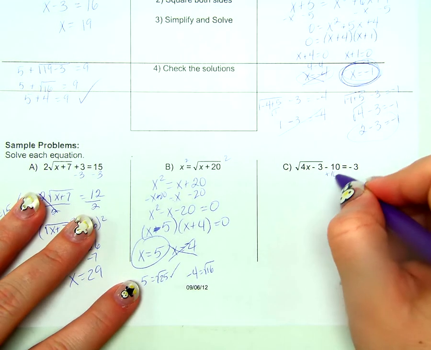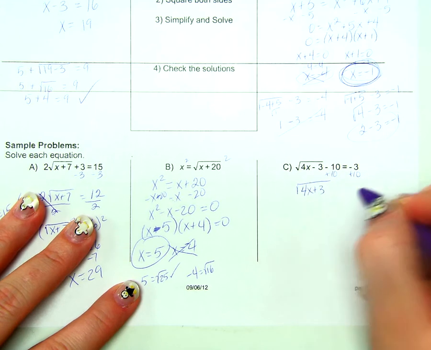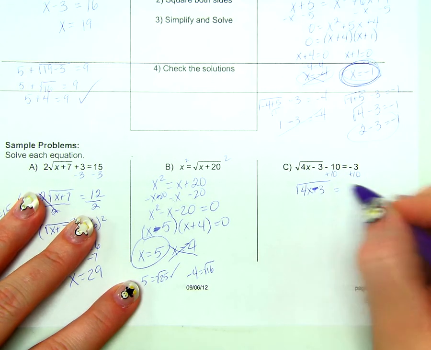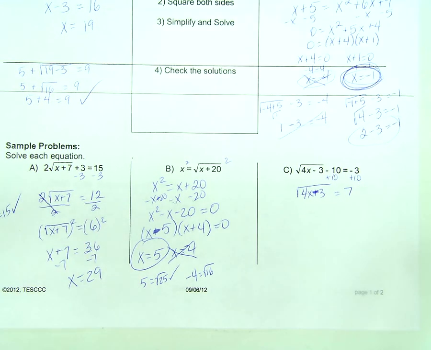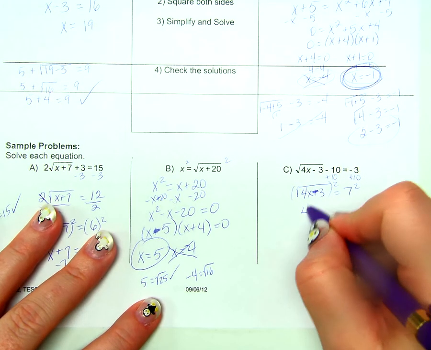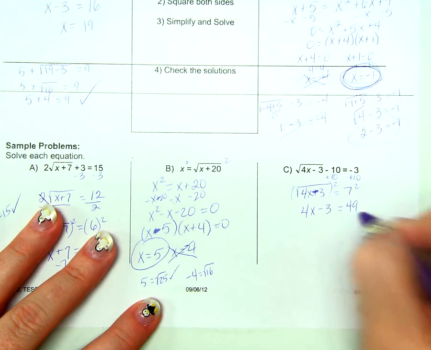Add 10. The square root of 4x minus 3 equals 7. Is the radical isolated? So now we square both sides. 4x minus 3 equals 49.